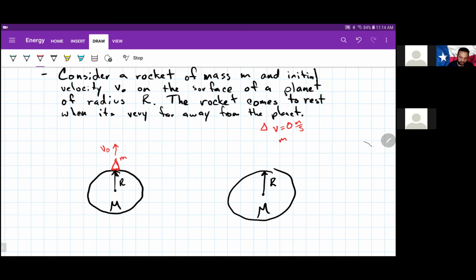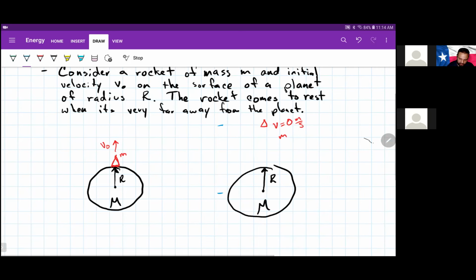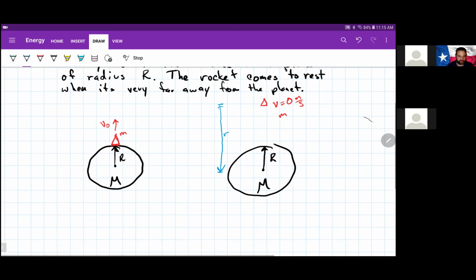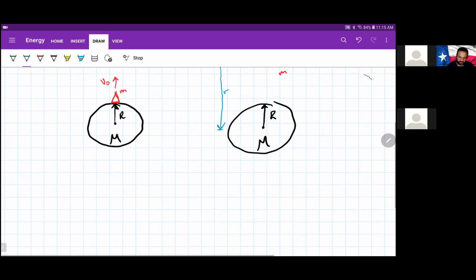Okay. What we do have is a change in this distance from the center of the Earth to where the rocket is. All right, that's r. And I think that's it. That's all we know, right? Yeah. Okay.